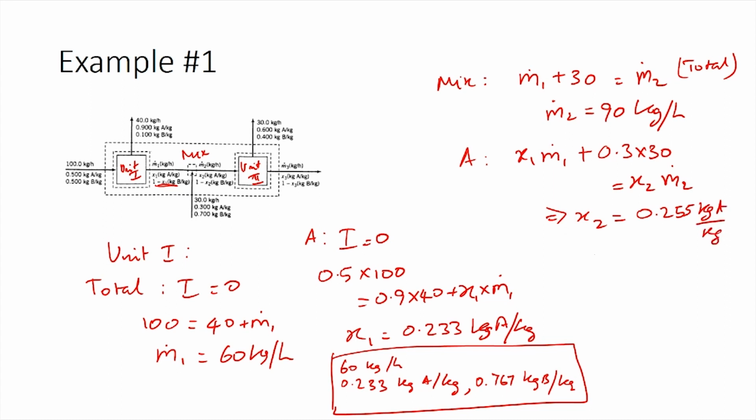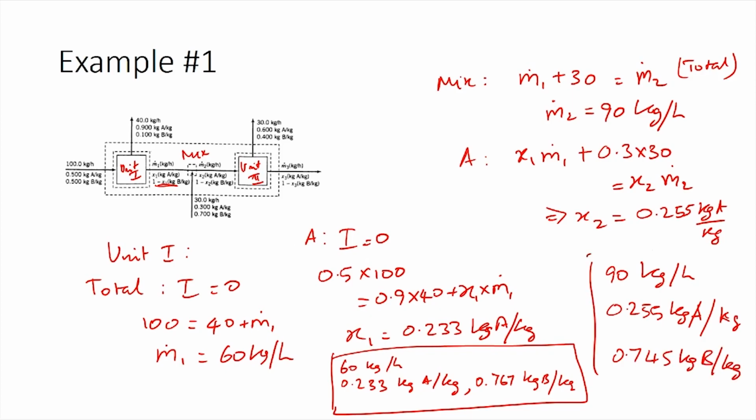So, this means stream 2 basically is 90 kilograms per hour containing 0.255 kilograms of A per kilogram, and the rest, which is 0.745 kilograms of B per kilogram.